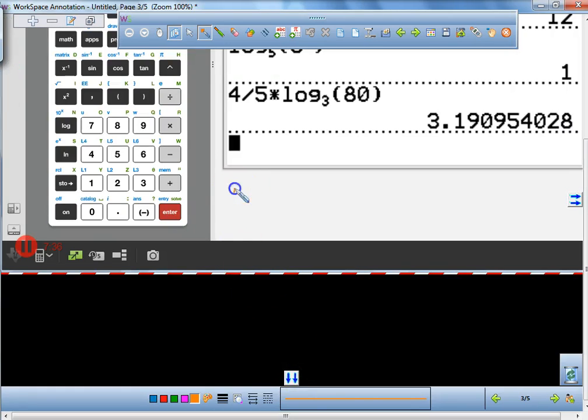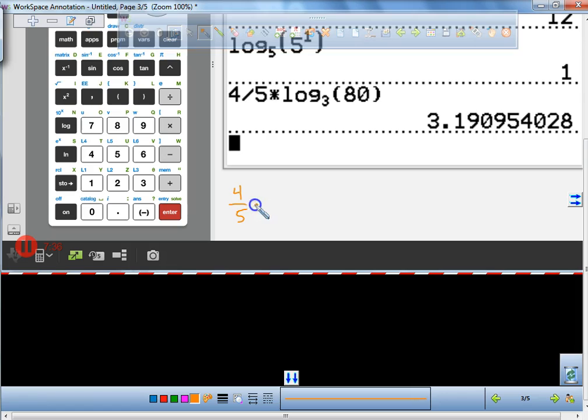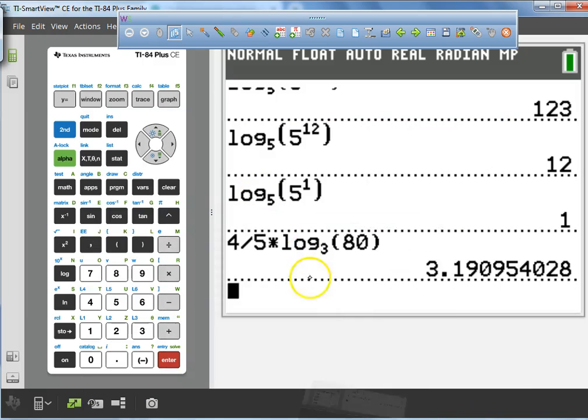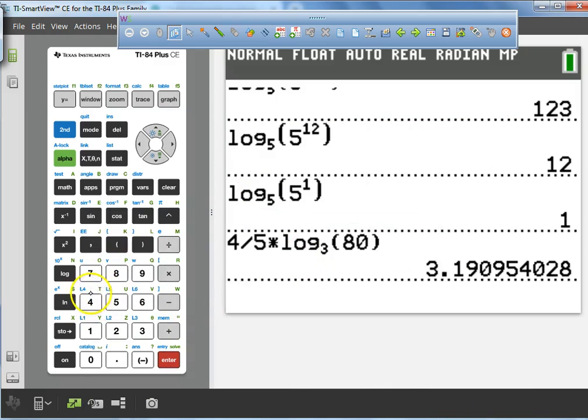Do you guys remember the change of base formula? If you didn't have the ability to do alpha window number 5 in the calculator, you could also use the common log of 80 over the log of 3. Let's say you just had a scientific calculator. So watch what you can also do.